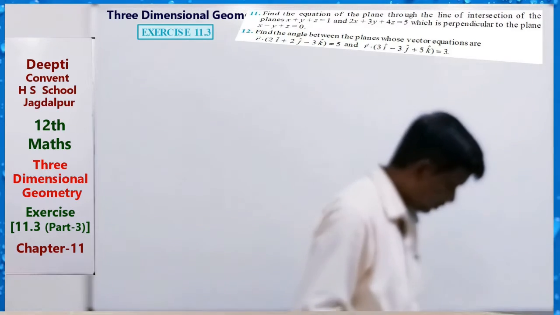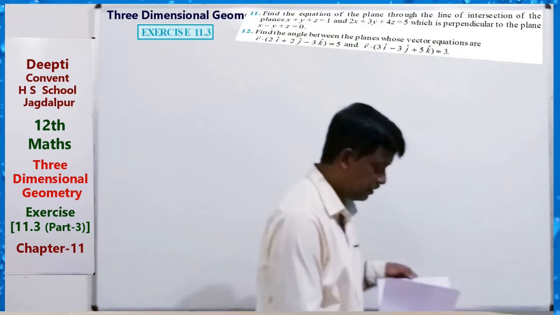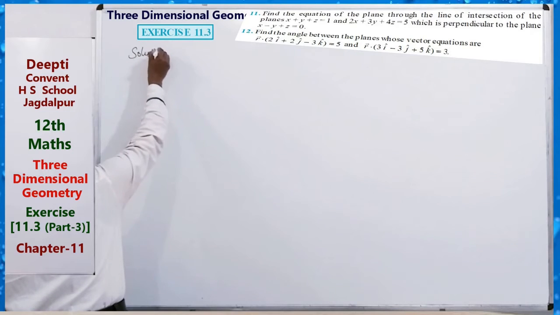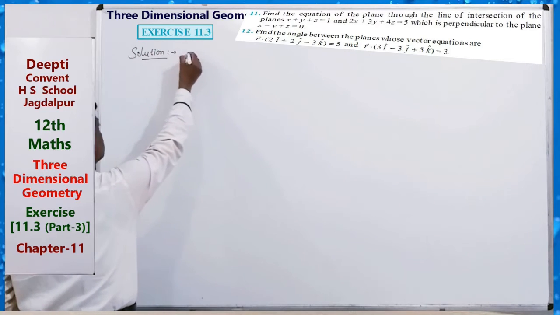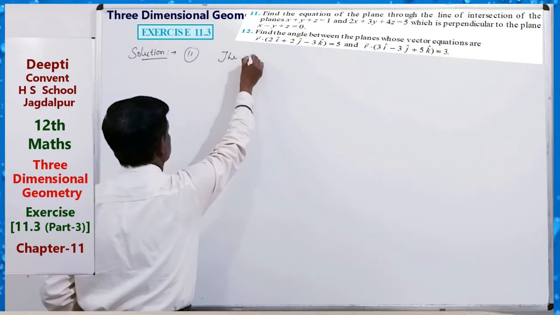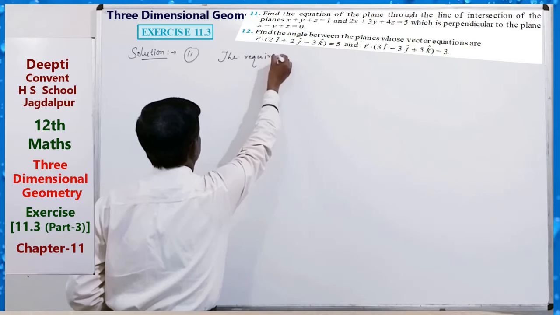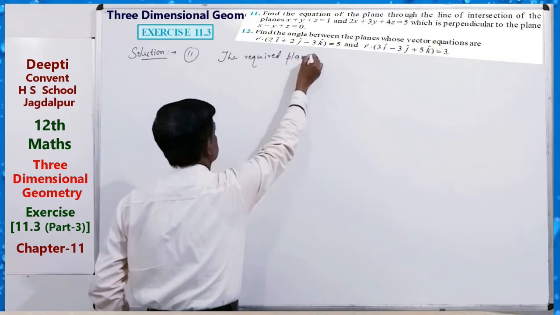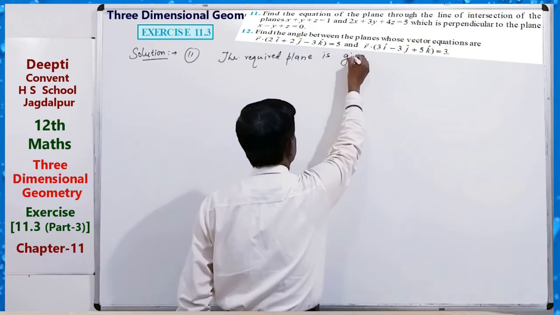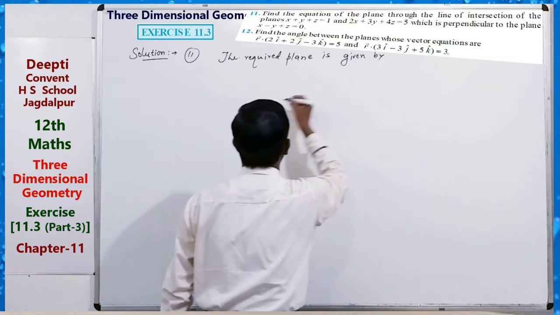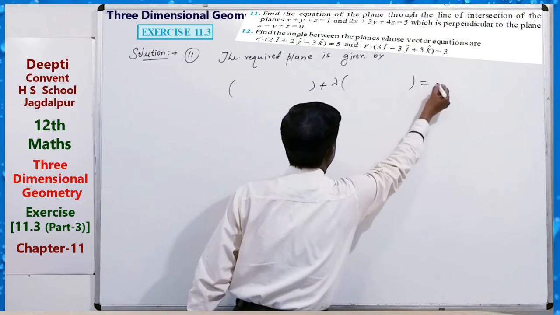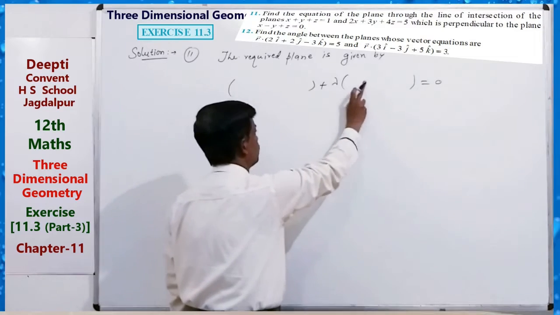So here, question 11, solution. The required plane is given by this plus lambda of this equals 0, taking the first plane and the second plane.